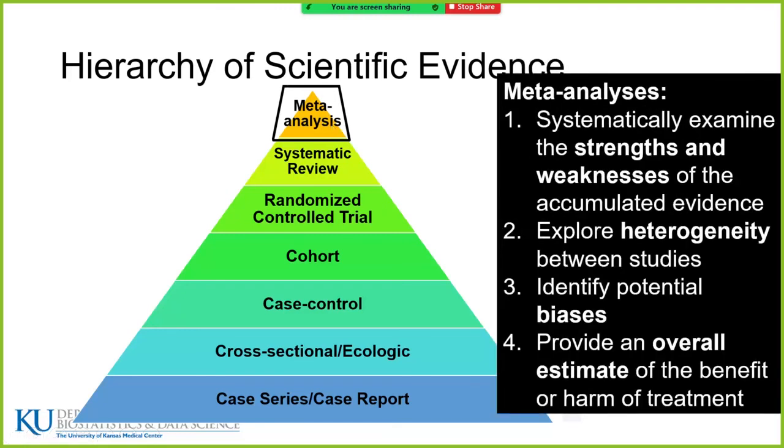The benefit of a meta-analysis is that it can provide a better picture of the overall state of evidence for a particular question. When you're conducting a meta-analysis, you systematically explore studies that were designed and conducted to answer a particular research question. Then for each of those studies, you look at the strengths and weaknesses of each of them. You can also look to see how the results from all of these studies vary.